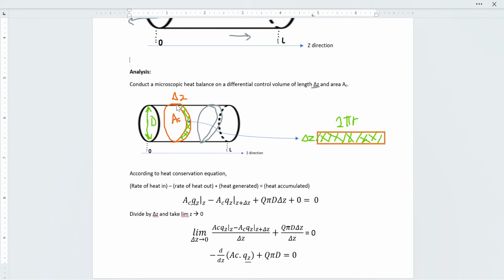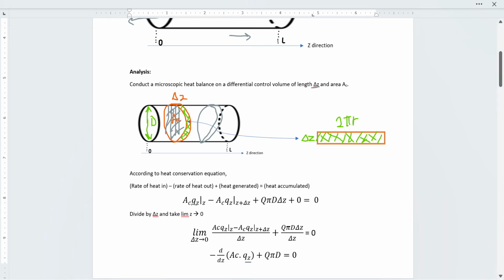Now this slice is going to have an area AC, the control area, and then the thickness is going to be delta z. And since my temperature is only changing with respect to the z direction, the temperature in all of this AC, from top till bottom, is going to be the same. It's only going to change in this direction, not in the up or down direction.